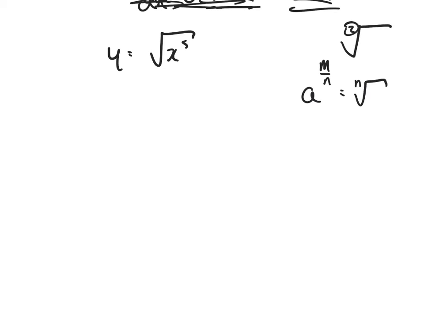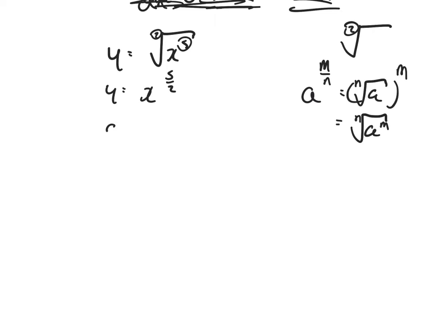Okay, let's try this one. So we're going to differentiate the square root of x to the power 5. So when you write the root, remember that the number up there is 2. So using my rules of indices, which is this one, and can be written as that as well, we can see clearly that that will be x to the power 5 over 2.